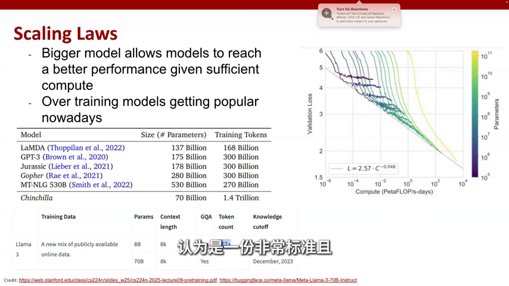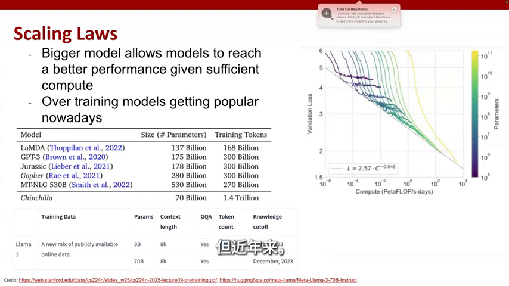That was considered a pretty standard and popular scaling law paper. And a lot of people have followed that recipe of 70 billion versus 1.4 trillion, that kind of balance between model size and training tokens.